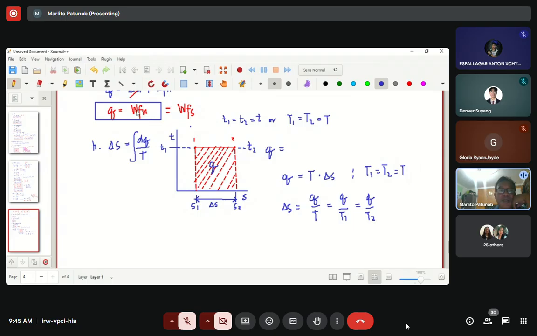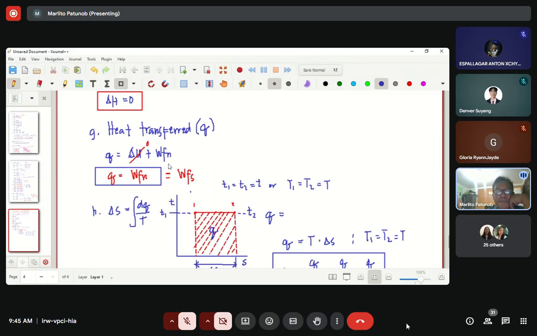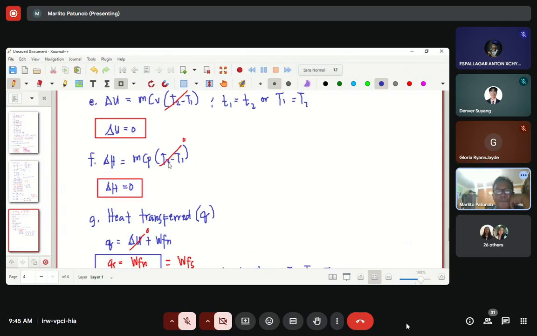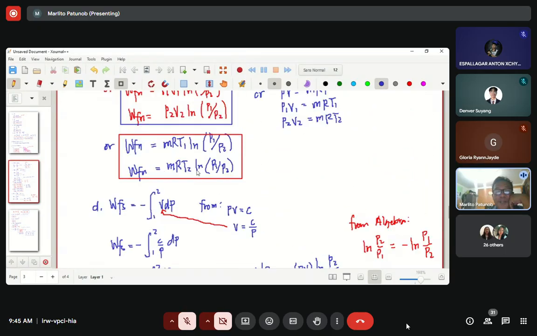Those are the relationships. But Q, if you look at it, what is Q? Q is equivalent to work non flow, and I'm looking for one with temperature. Work non flow is with ln P1 over P2.